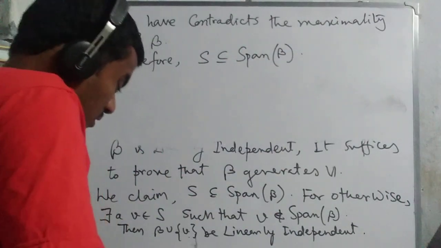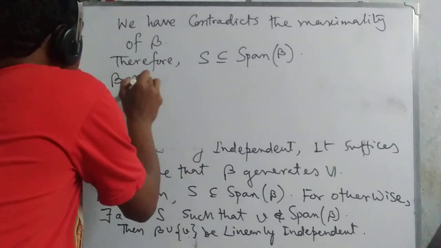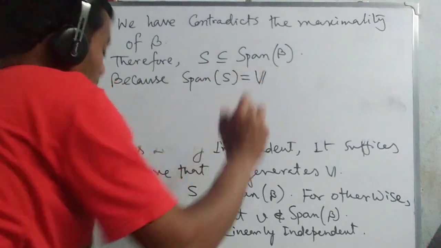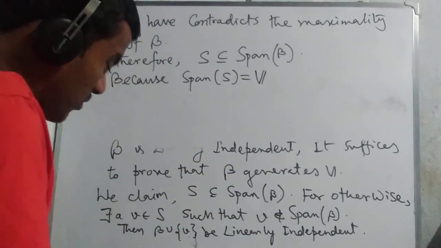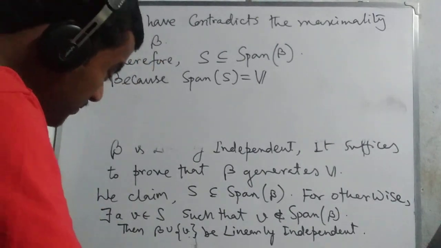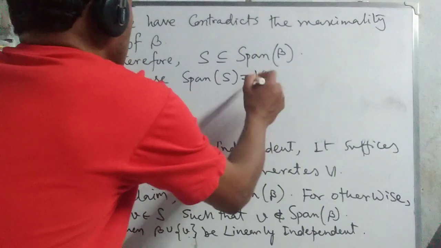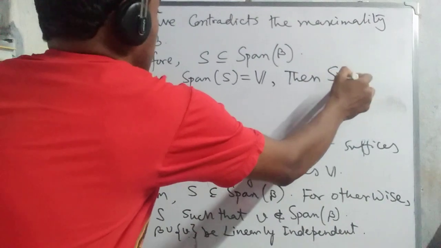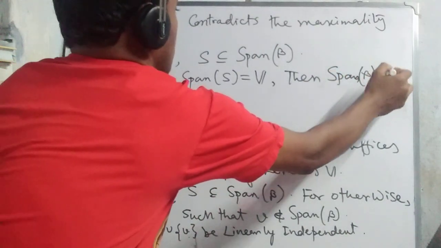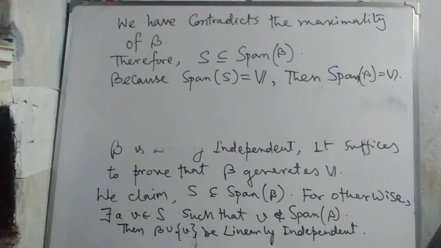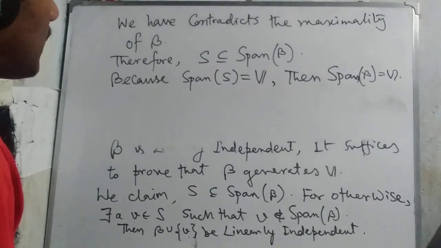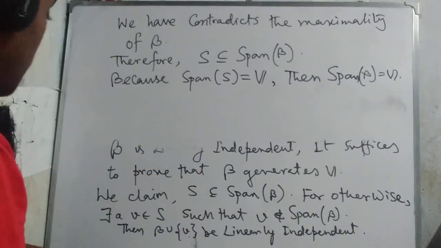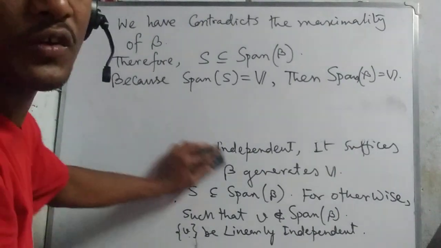Because span of S is equal to V, then obviously span of beta equals V, since span of S is equal to V. So we also prove this theorem.